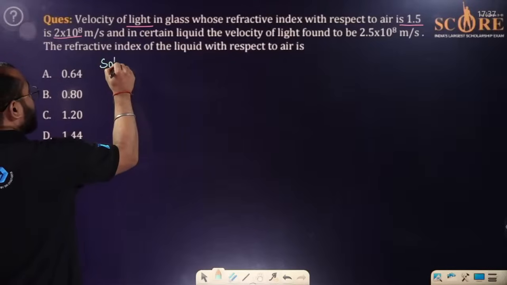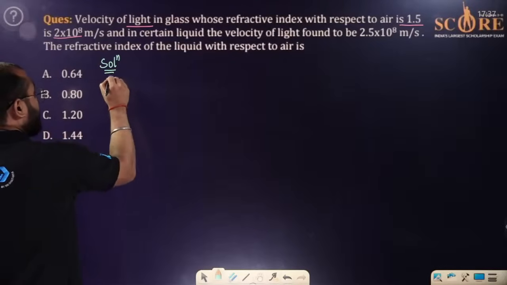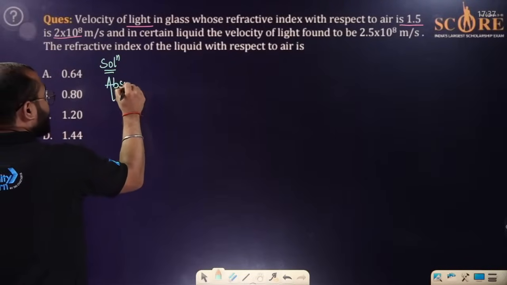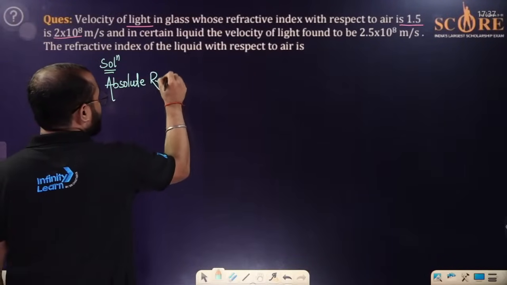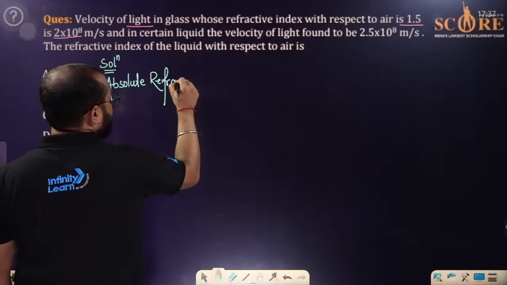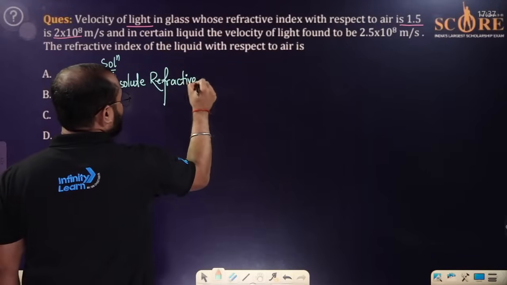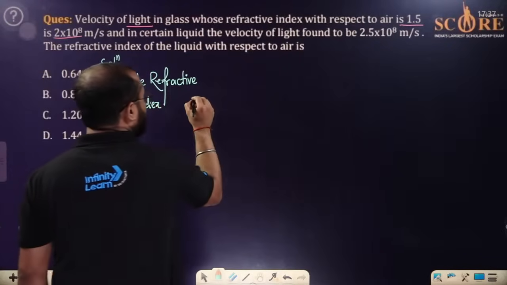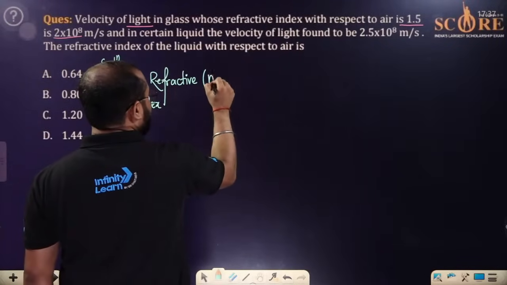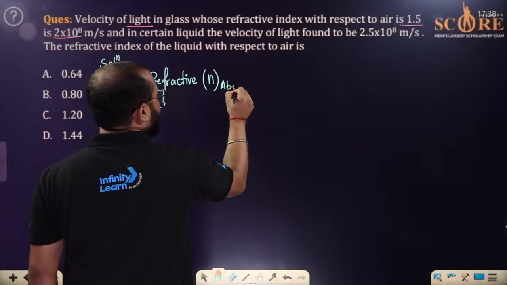So what do we know about the absolute refractive index? Solution for this, people. As we know, for the absolute refractive index, which is going to be n absolute, how to solve this thing?